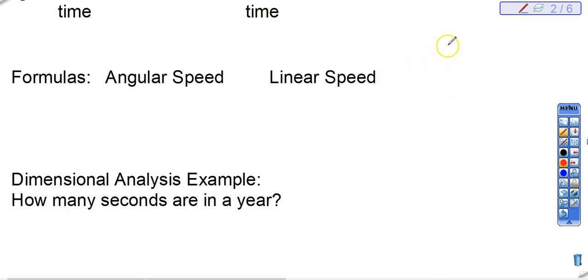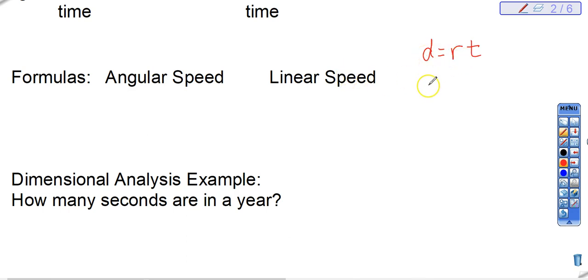Let me ask you a question real quick. You guys are familiar with getting in a car and driving to San Diego, right? And the distance that you're going to San Diego will be equal to the rate you travel times the time that you're in the car. So now I would like to be finding speed.